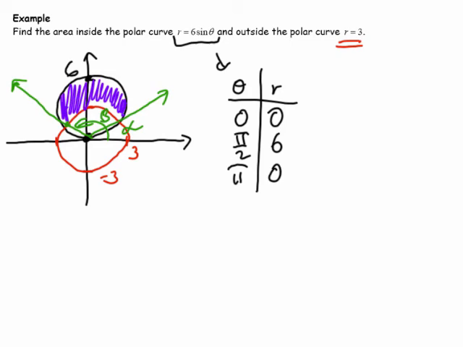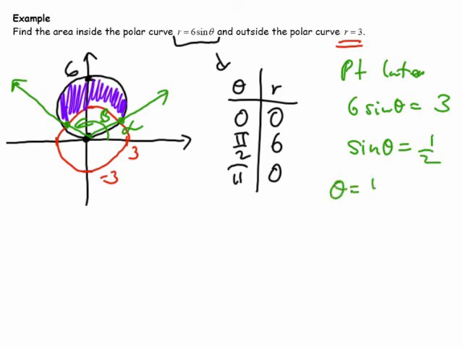Now, the key to getting the angle is to note the points of intersection of the two graphs. So I need to find the point of intersection of 6 sine theta and 3, which in other words means I have to make them equal to each other. So sine theta is a half, and if I inverse sine that, I'm going to get angles of pi over 6. And in quadrant 2, I can visually see it's in quadrant 2, 5 pi over 6.